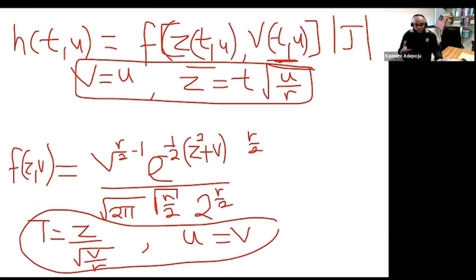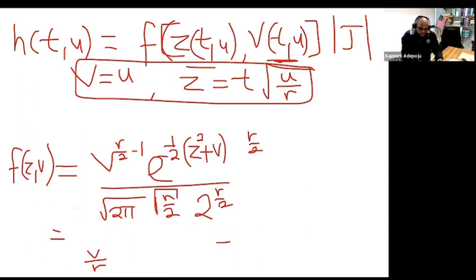But I first need my Jacobian, because I mentioned the Jacobian the other time. Let me clean this up, because I still need this. So maybe I'm going to set up my Jacobian here.